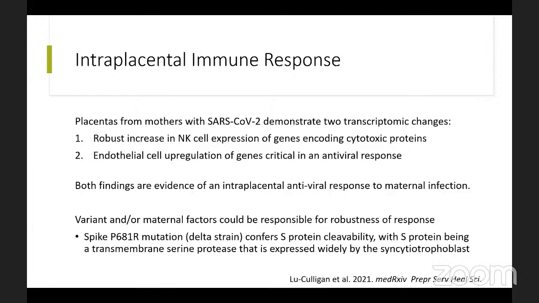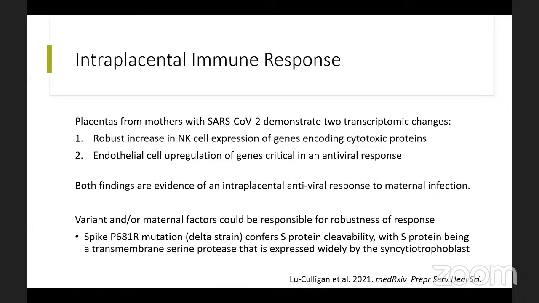First, a very robust increase in natural killer cell expression of genes encoding cytotoxic proteins. Secondly, endothelial cells show upregulation of genes critical in an antiviral response. In sum, both of these findings are preliminary evidence that there's an intraplacental antiviral response to maternal infection.